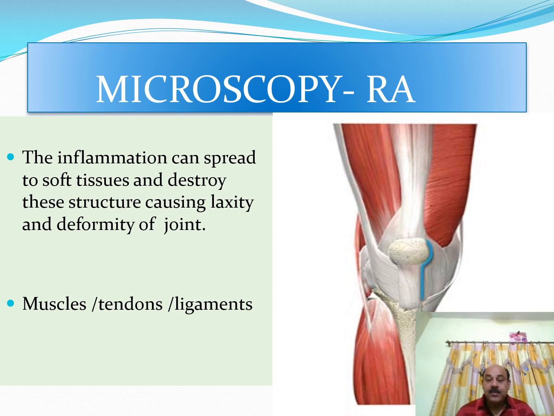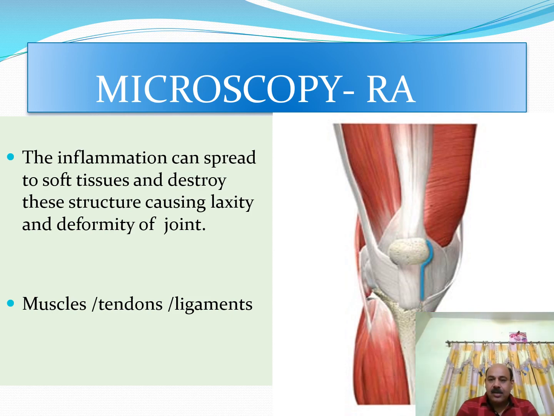At the one end, because the joints are acutely inflamed, their movement leads to pain. So to prevent that pain, the patient tries to keep the joint immobile, and because the joint remains immobile for a longer duration of time, that results in disuse of muscles, tendons, and ligaments, leading to their disuse atrophy.